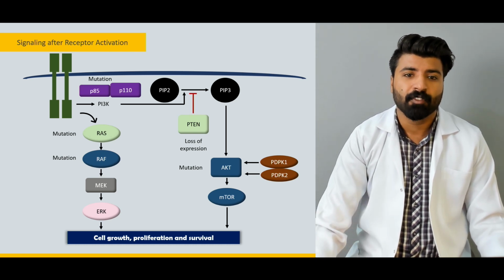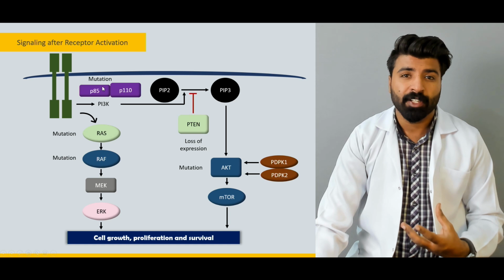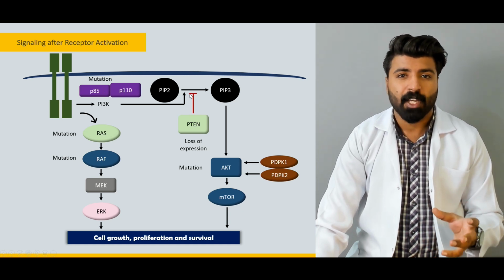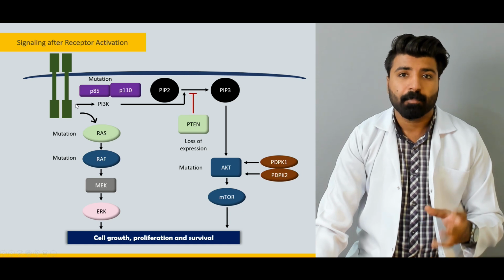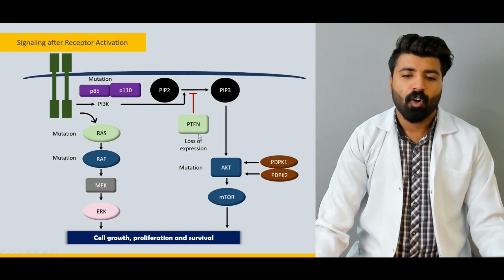So that's what you learn from this slide, that when these two mutations, P85 and P110, are mutated, they will lead to one way or another conversion of PIP2 to PIP3, and PI3K does the part and PTEN does the part. When all of these are taking part in the conversion of diphosphate to triphosphate, this will lead to cell growth, proliferation, and survival.